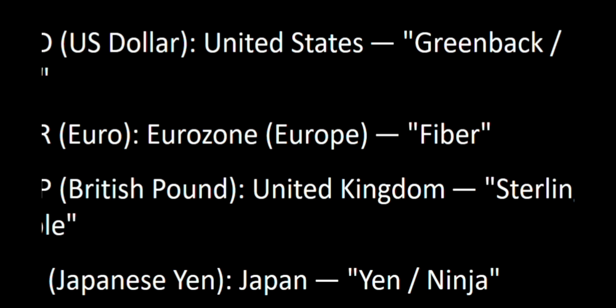Global currency symbols. These are the most traded currencies in the Forex market, and their nicknames also. The USD, that is the US dollar, United States, we call it greenback. The Euro, Eurozone, that is Europe, we call it fiber.